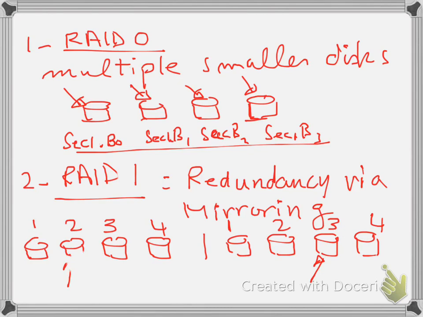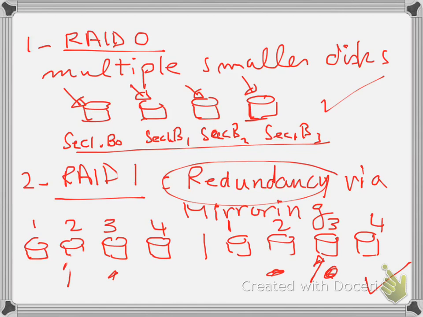Because if this fails, I have the backup here. If this fails, I have the backup here. So there is no problem with this one. But I don't do any striping, so I'm not spreading the data over the disks. So with this one you get high performance, and with this one you get redundancy.